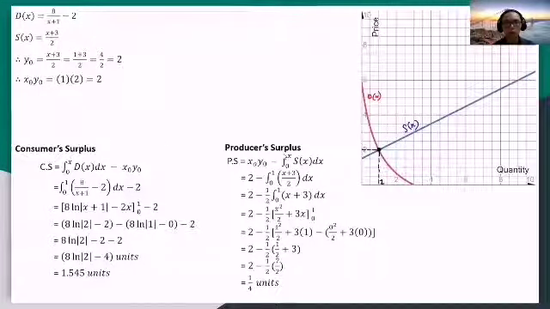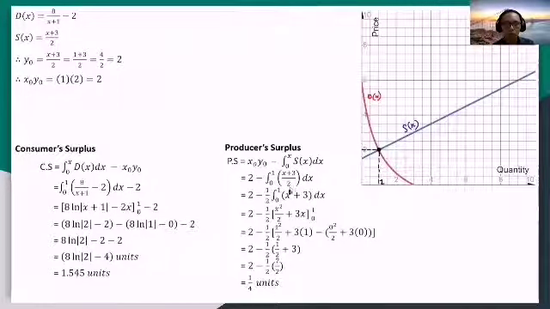And for the producer surplus, we know that the producer surplus function is x0 y0 minus integrate from 0 to x0 of S(x) dx. And then we know that x0 y0 equal to 2. And then we minus the integral from 0 to 1 of x plus 3 over 2 dx.